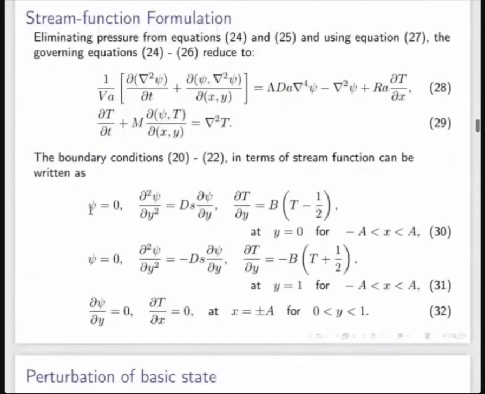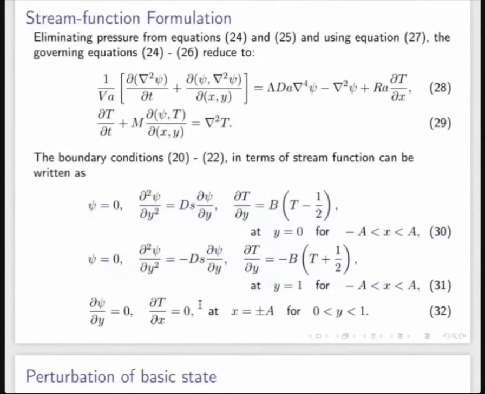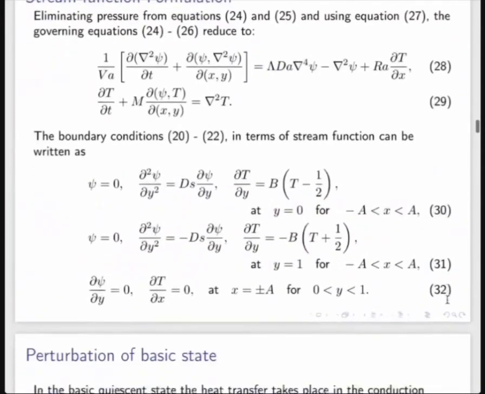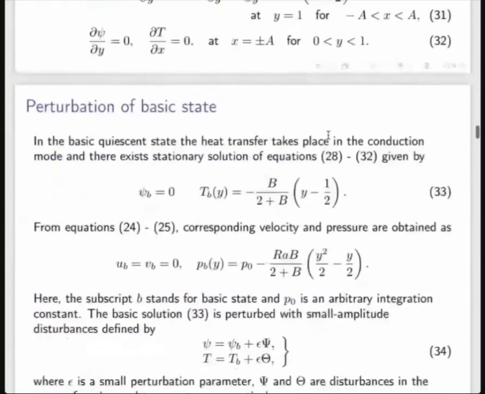And corresponding boundary conditions can be put in terms of the stream function as given in equations 30 to 32. And the Darcy-Rayleigh number acts as the eigenvalue for this particular problem, with solutions existing for some particular values of Ra. So Ra acts as an eigenvalue for this particular problem.